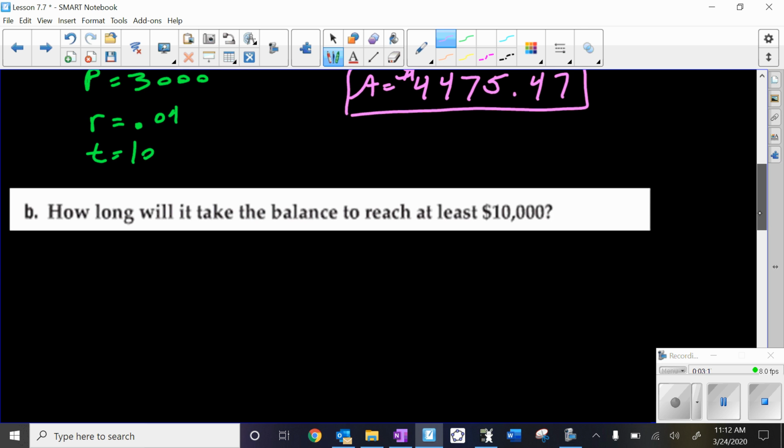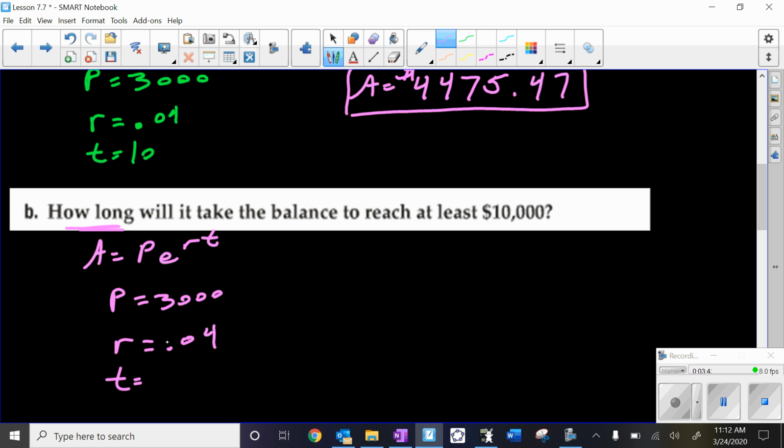Second one, how long will it take the balance to reach at least $10,000? So I'm still using the same information up at the top, still going to use the same formula. I'm still investing 3,000. e is just a number. My rate is still 4%. This time I don't know what t is because they want to know how long.